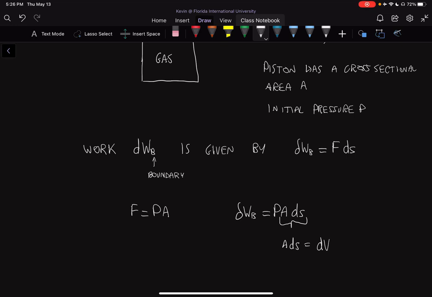It's equal to the change in volume of the gas. And you don't really need to know all this derivation, but it does help you explain how we come up with the equation for work and what equation we're going to be using for work throughout this class.